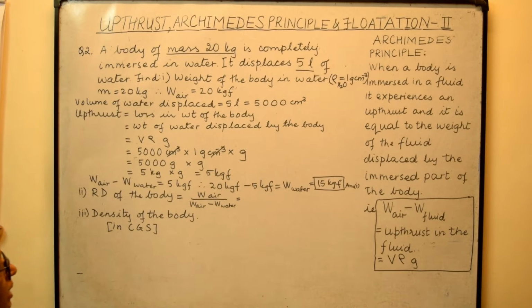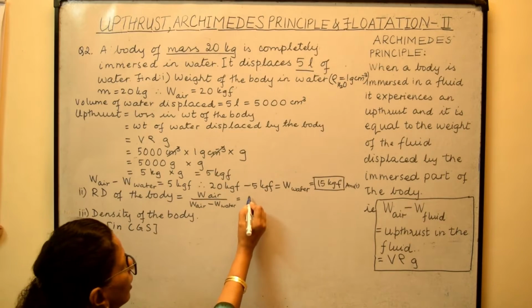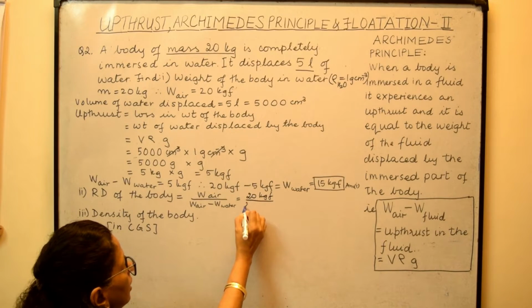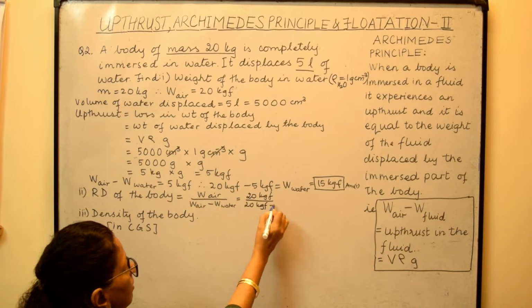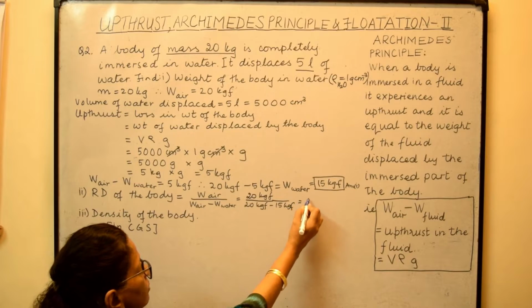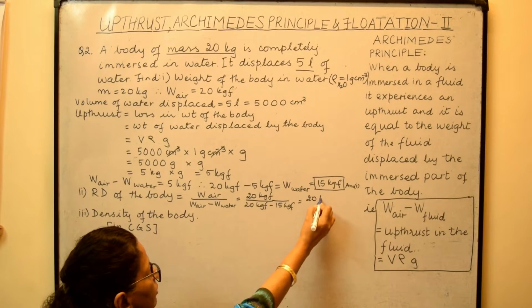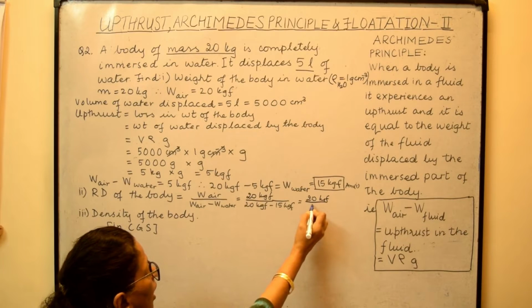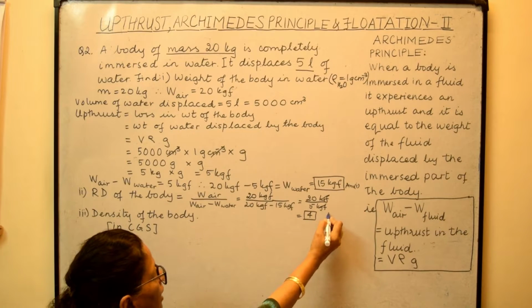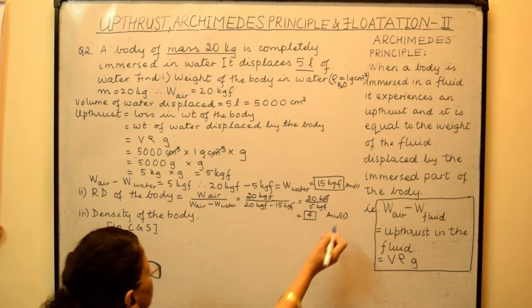The weight in air is 20 kgf, as you can see over there. 20 kgf upon 20 kgf minus weight in water, 15 kgf, and that gives us 20 kgf upon 5 kgf, and that gives us 4 as the relative density of body, and that is your answer 2.